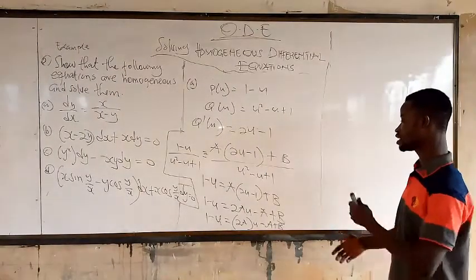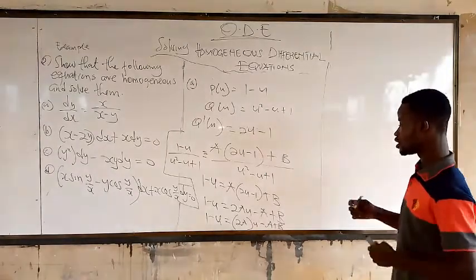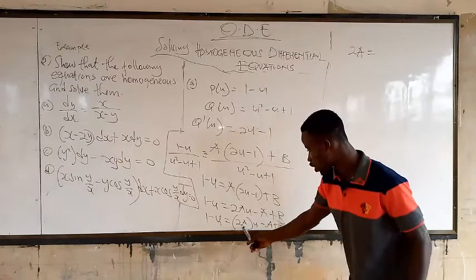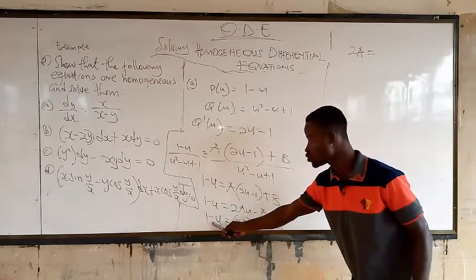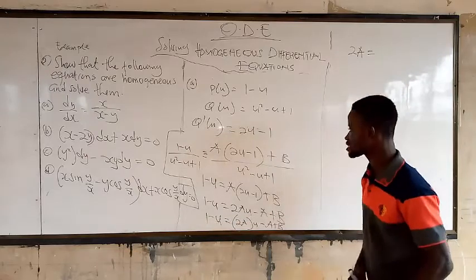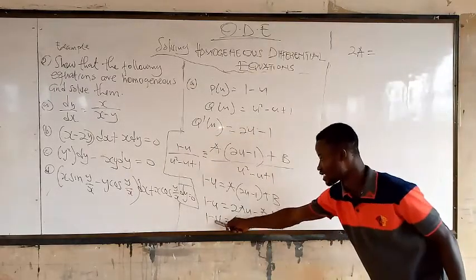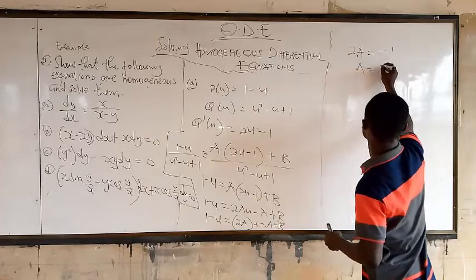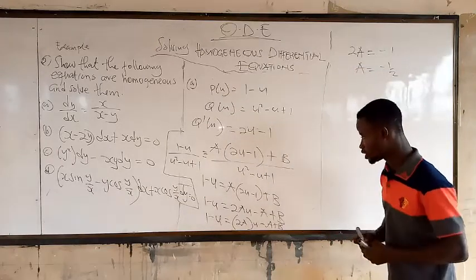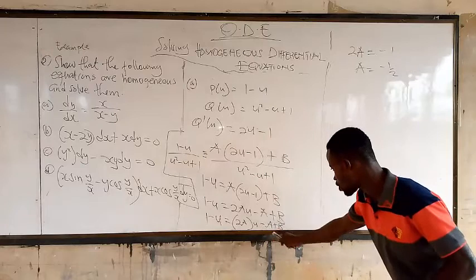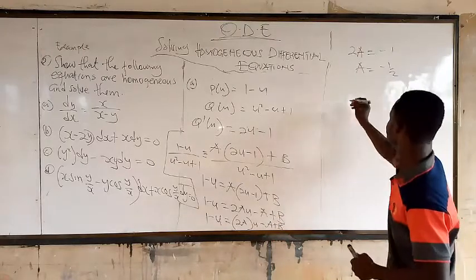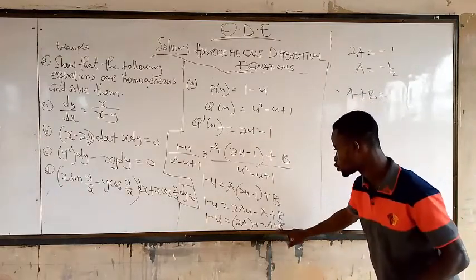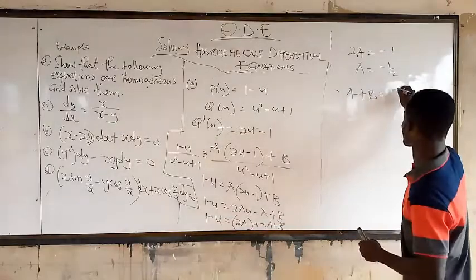So by comparing both sides, we can equate 2A to the coefficient of u on the left hand side, like solving it in partial fractions, and that is minus 1. So we get A to be minus half. Then we go for the constant, which is minus A plus B, and equate it to the left hand side, which is 1.